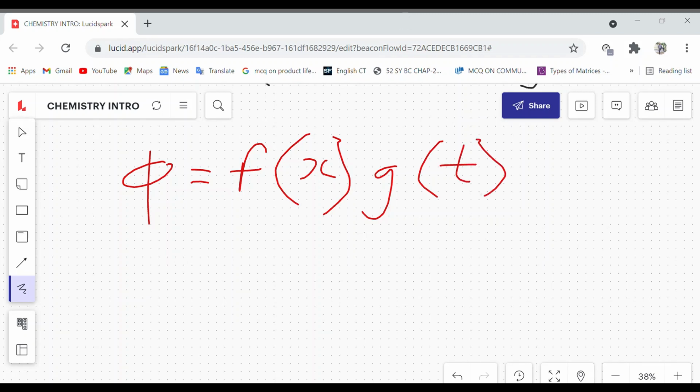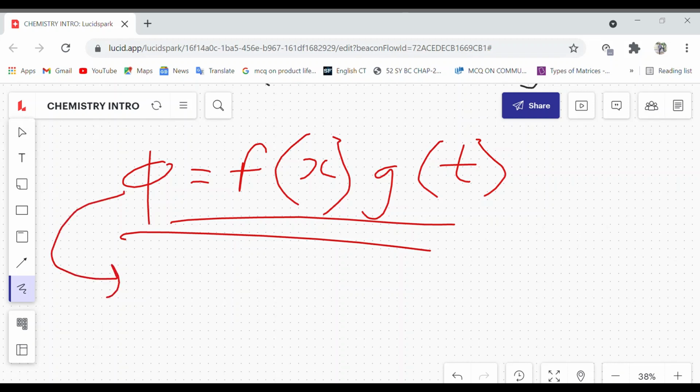Now we have to differentiate this with respect to x. We have to double differentiate actually.